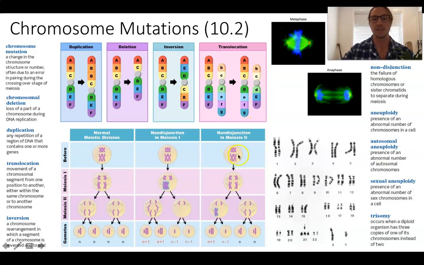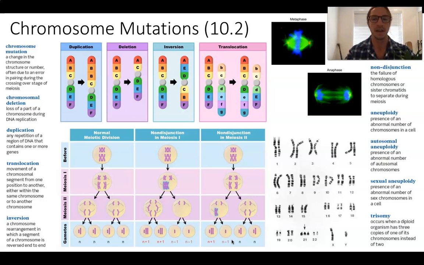But in meiosis 2, we're looking at this stage of division, and this is where sister chromatids fail to separate. So to recap, homologous chromosomes fail to separate in meiosis 1, sister chromatids fail to separate in meiosis 2. Either way, there is an imbalance in the final result of gametes.